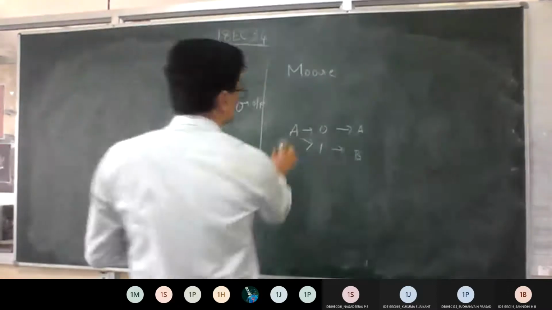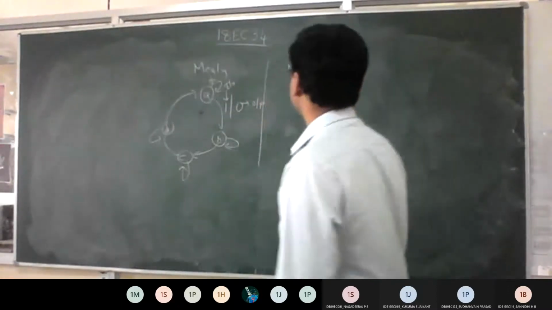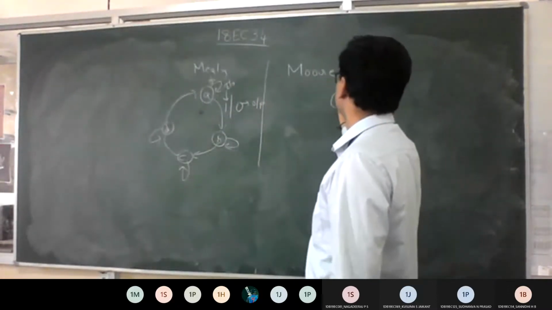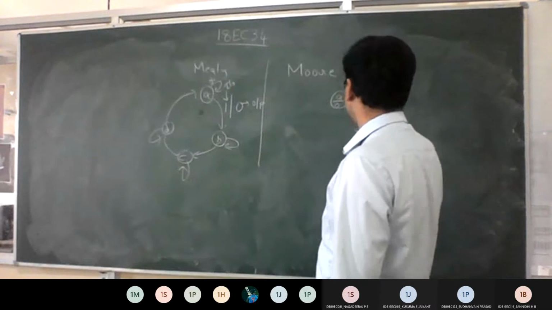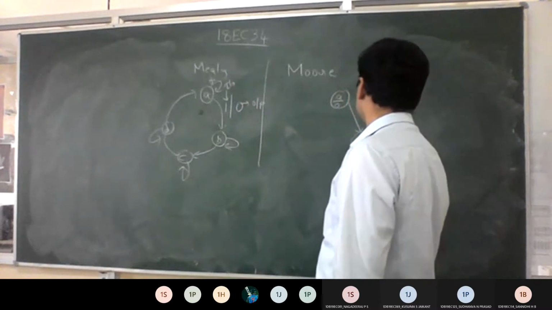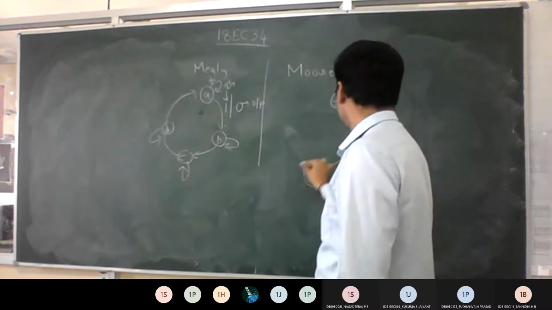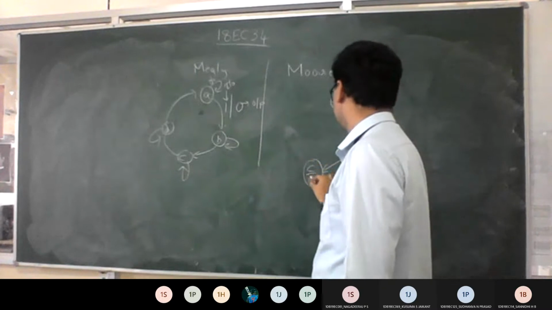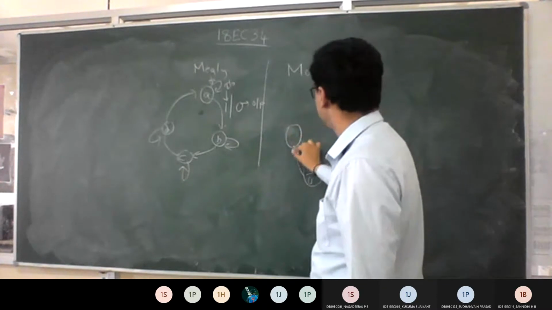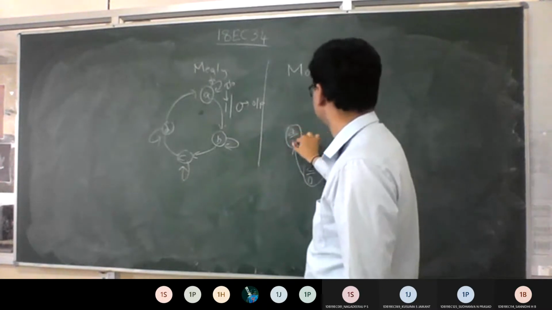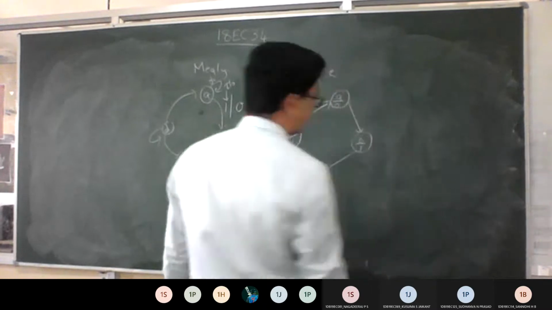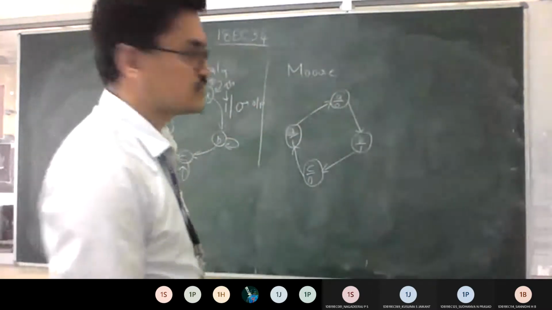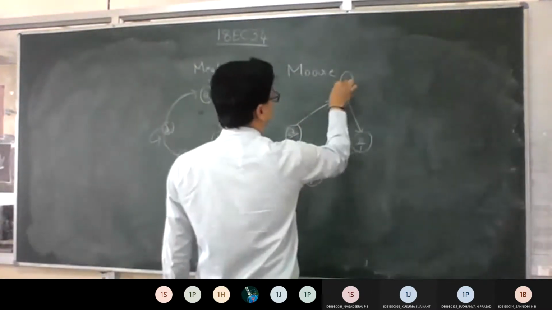How about Moore? There is a slight change in the diagram. Tell me what the difference is between these two diagrams. Look at the diagram and tell me how you differentiate.